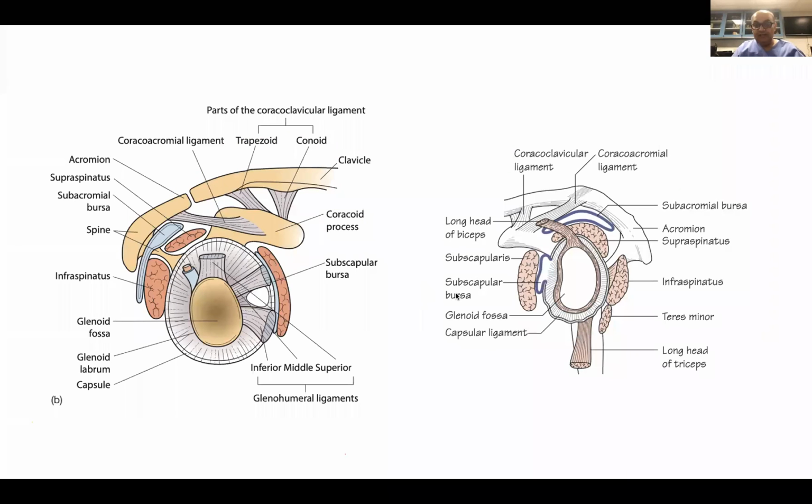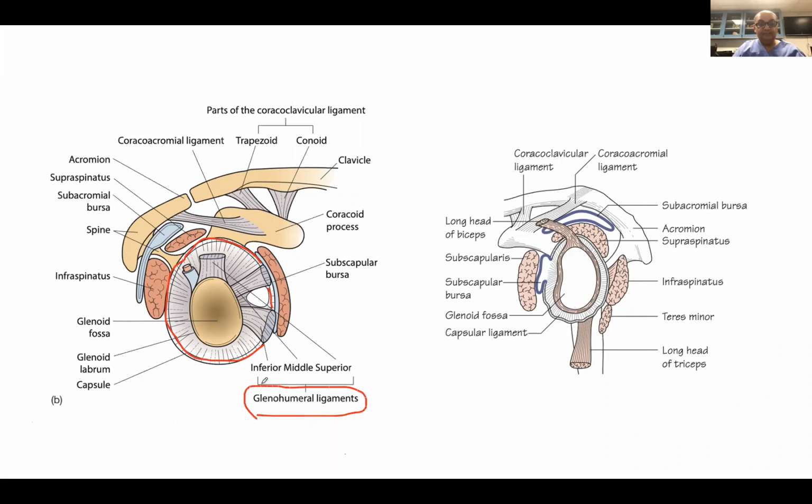Okay. So I need a pen again. Now see here. This is my fibrous joint capsule. Can you see inside this fibrous joint capsule? I have inferior, middle, and superior glenohumeral ligaments. It has three components.